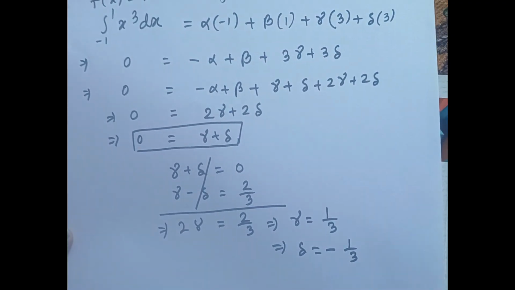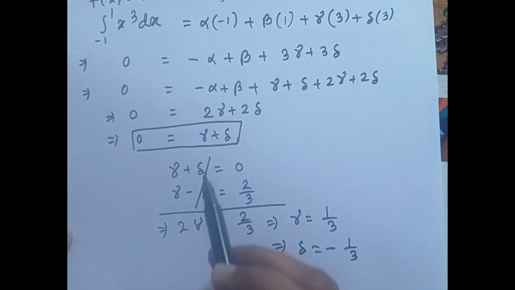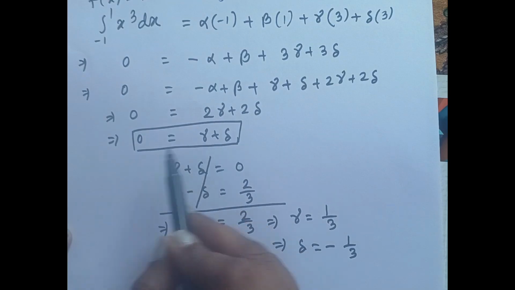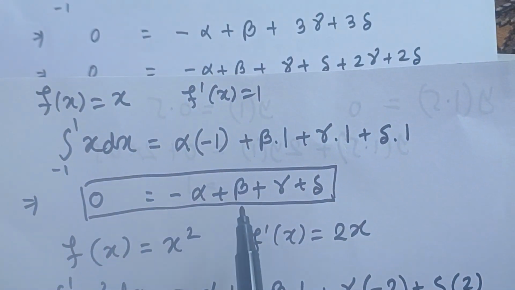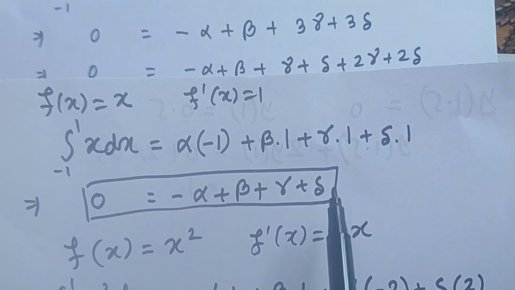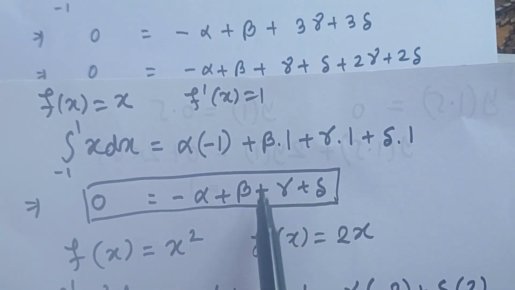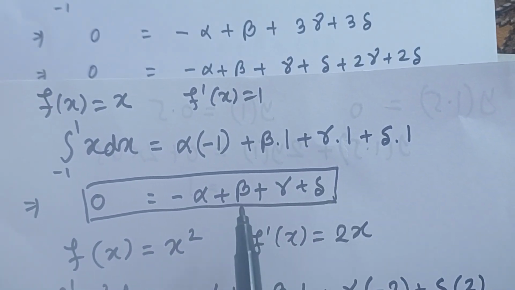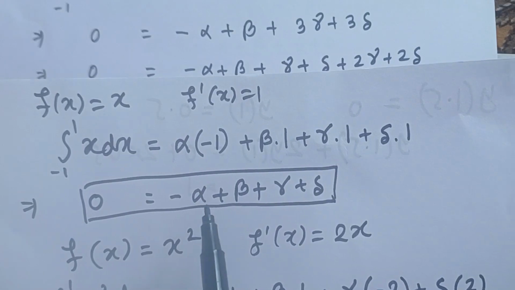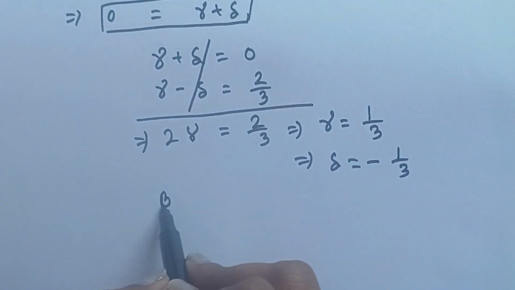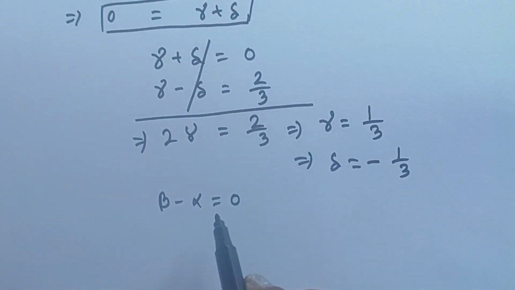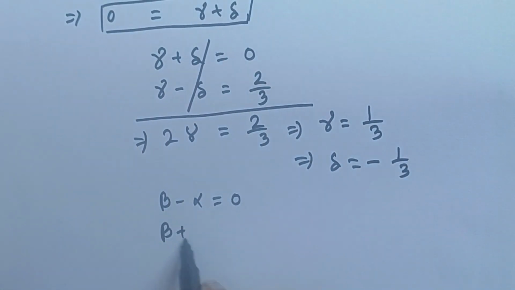Again we will solve for alpha and beta. Since gamma plus delta equals 0, we use this in the second result, and we obtain beta minus alpha equal to 0. And we already know from the first result beta plus alpha equals 2.